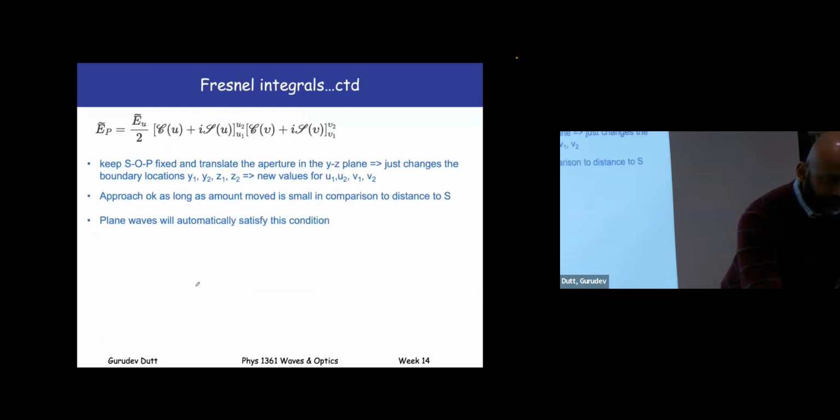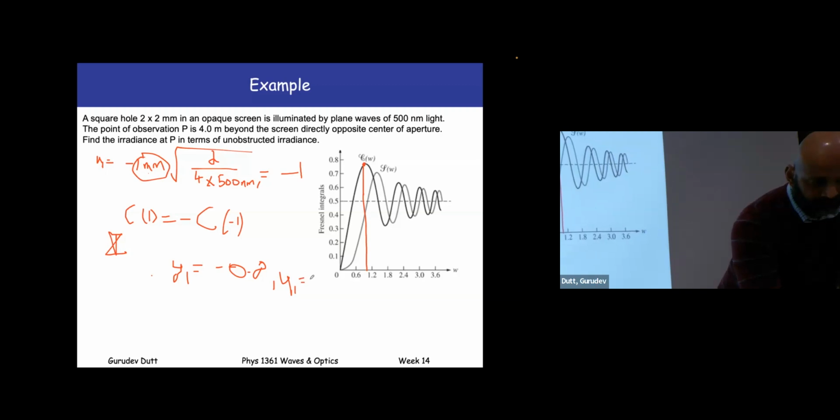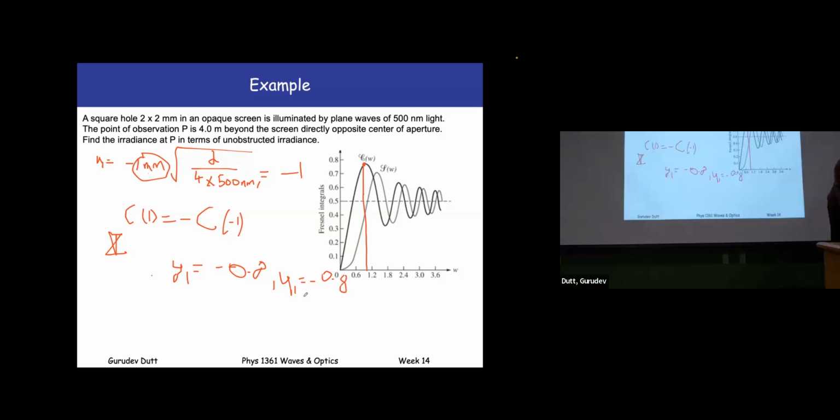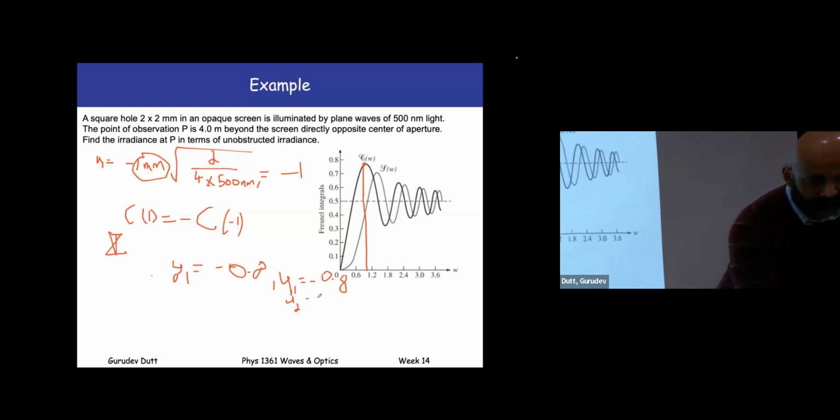So now y1 will be minus 0.8, which means u1, if I plug in minus 0.8 up here, this is the y1 over here, I'll get also minus 0.8. And then U2 will be 1.2.